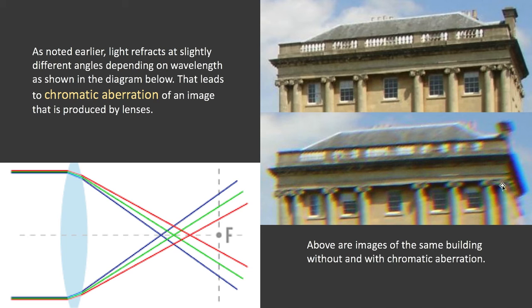Here is a picture taken with a lens that has significant chromatic aberration, and here is a cleaned up image. This is a problem that you can't get around just with using a refracting telescope. You could make the most perfect lens possible. It's not a manufacturing issue.